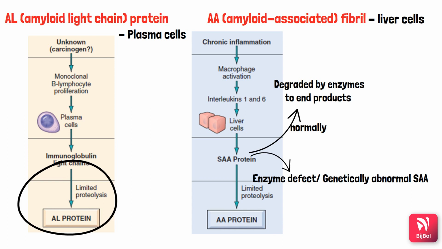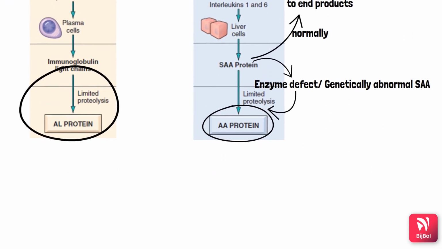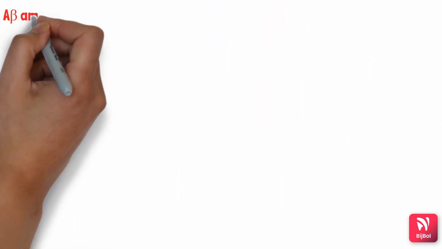So with an enzyme defect or genetically abnormal SAA, they will not undergo degradation, right? So they start to accumulate. Because of the limited proteolysis, they accumulate, resulting in the formation of AA, that is amyloid associated fibril, which is formed by reticuloendothelial cells, that too in inflammatory disorders.